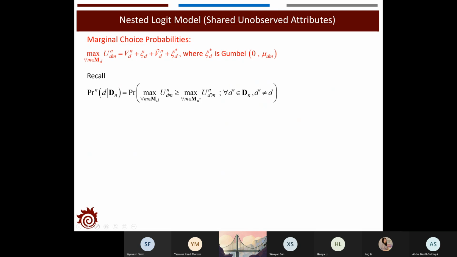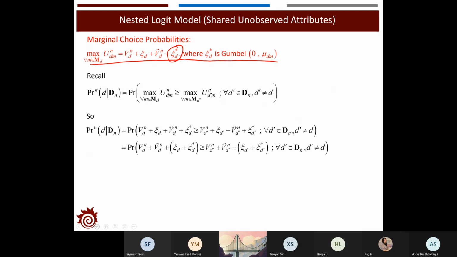Eventually we find that the maximization of this follows the Gumbel distribution, with a random term epsilon d star, in the Gumbel distribution with the parameters 0 and mu dm. And this is what we get for the maximization of the utility, and now we put them in this equation. We can then calculate the distribution of the marginal choice probability.